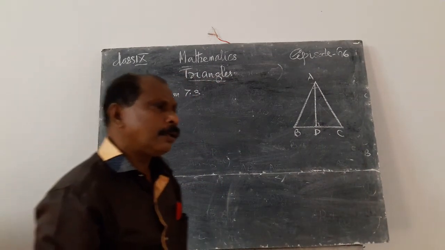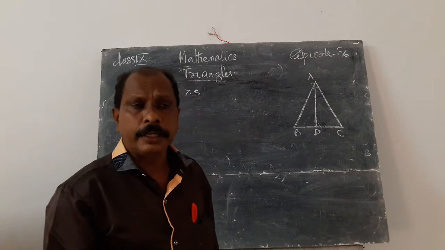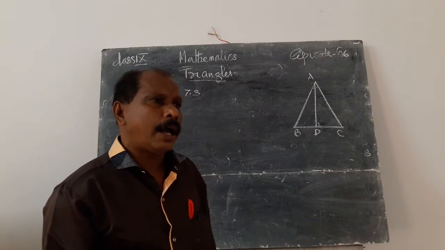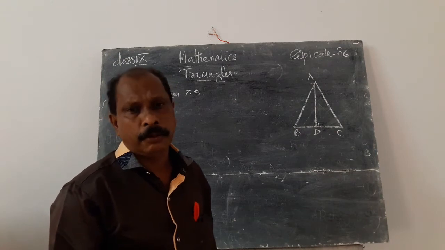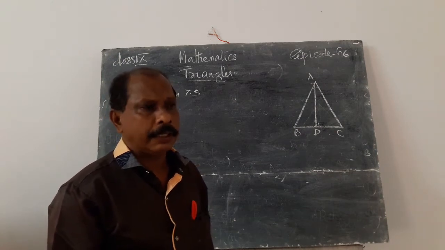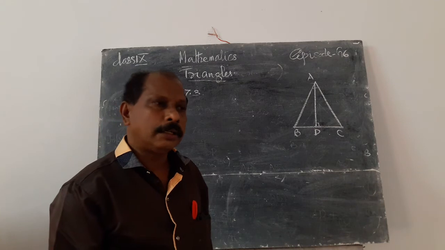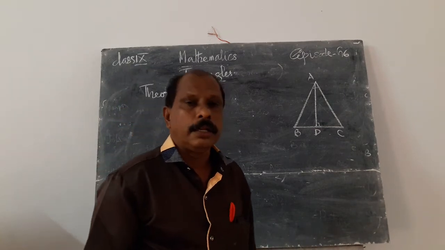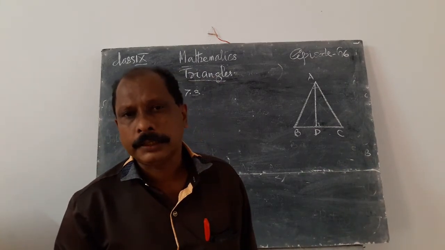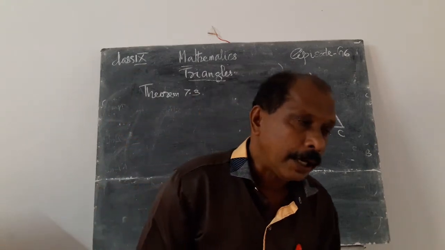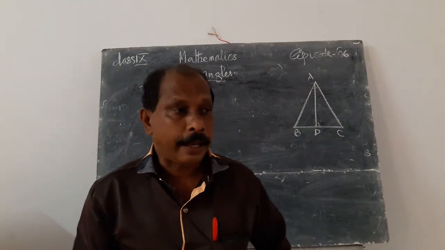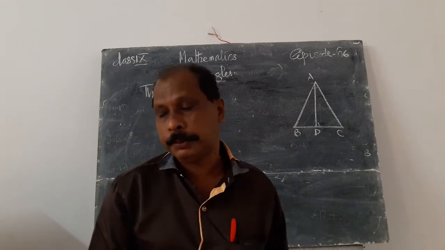What is the median? Median is the line joining any vertex and the midpoint of the opposite side of that vertex. For a triangle, the line joining any vertex and the midpoint of the opposite side is known as median. Any line that makes an angle 90 with the base is known as perpendicular.